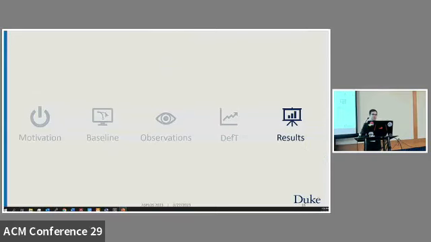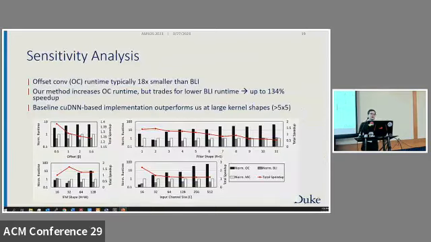All right, now I'll quickly go through some of the results. Part of the paper covers a sensitivity analysis to show exactly in what range of scenarios our approach can actually give us benefit. And the main key takeaway from here is that the offset convolution typically takes 18 times less time than the BLI.